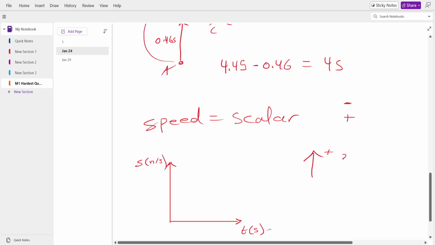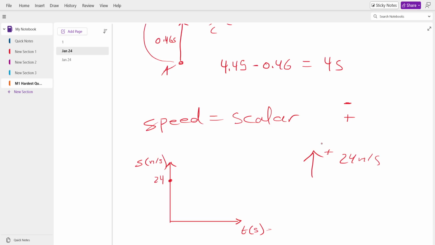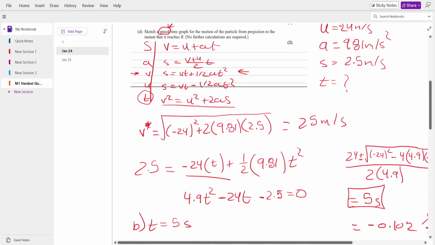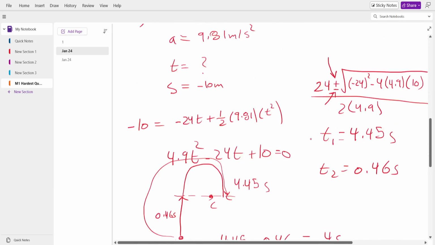So we started with a speed of 24 meters per second, and then the speed decreased, and kept decreasing until the particle hit its maximum displacement and stopped for a while. The speed decreased for some time until it reached the highest point, and then it started to increase again until it reached V, which we calculated in the first part of the question as 25.